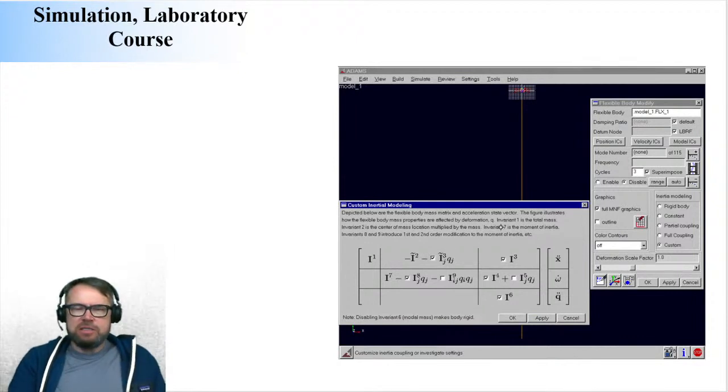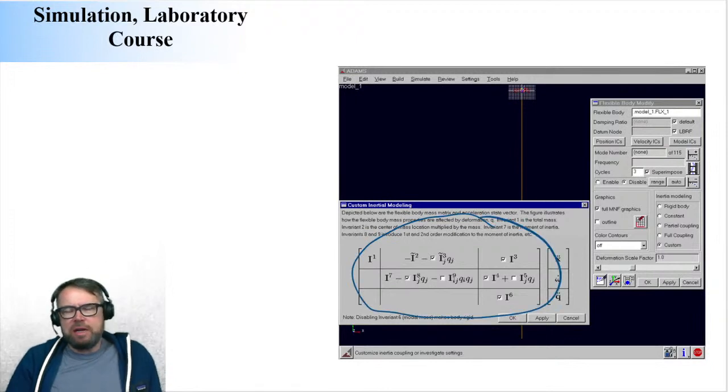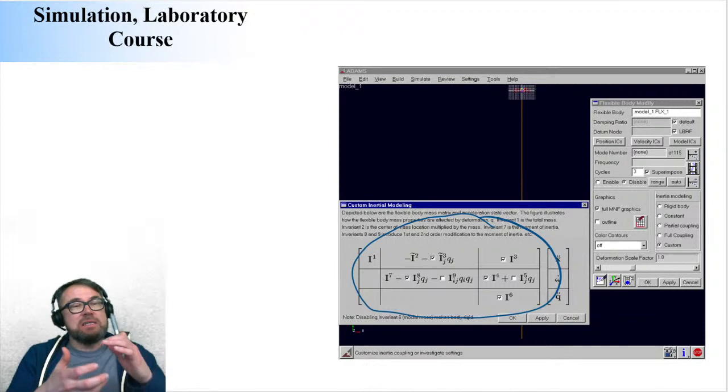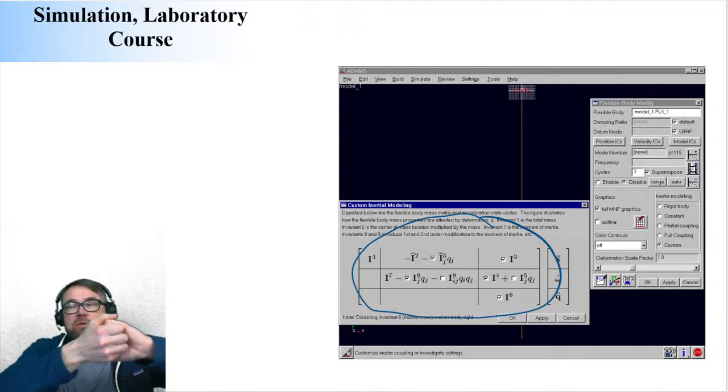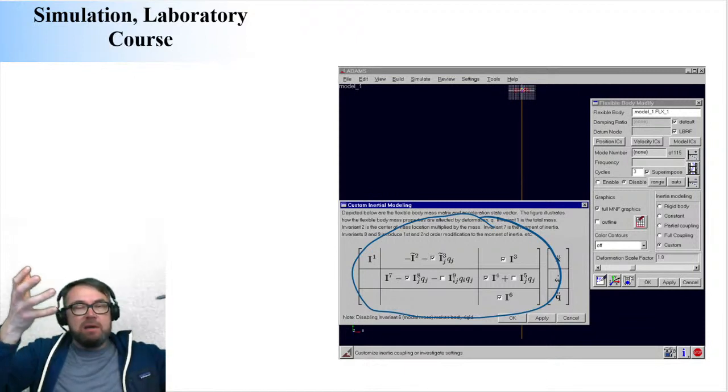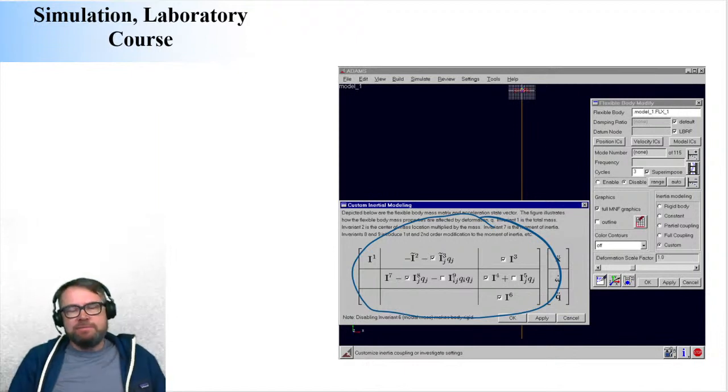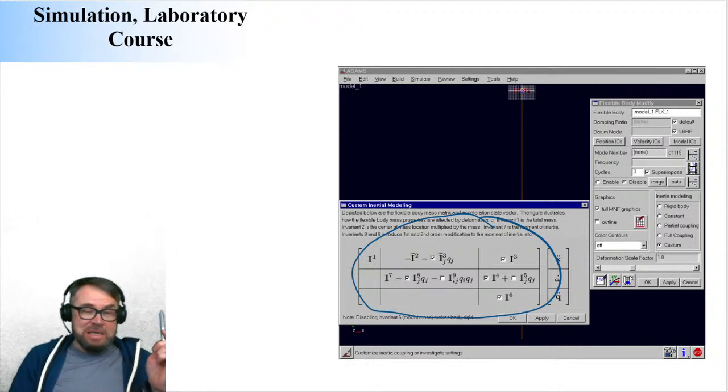As you can see here, this is where the user can set these mass invariants to be active or inactive. What it means is that you can combine the finite element model and multi-body system dynamics fully, partially, or in a way that you tailor by yourself. My recommendation to you is always use full coupling, because no one really knows well what it means to use partial coupling. So why is there this option of partial coupling?